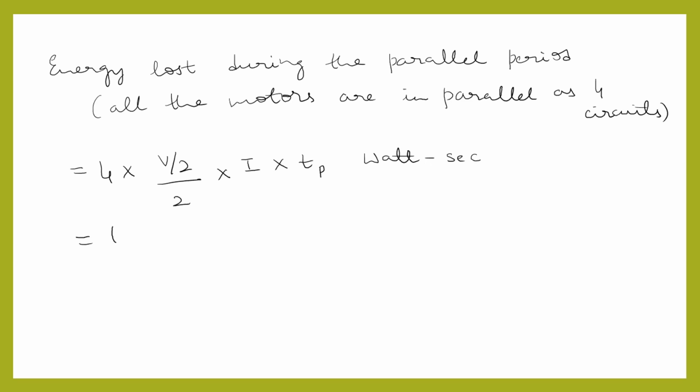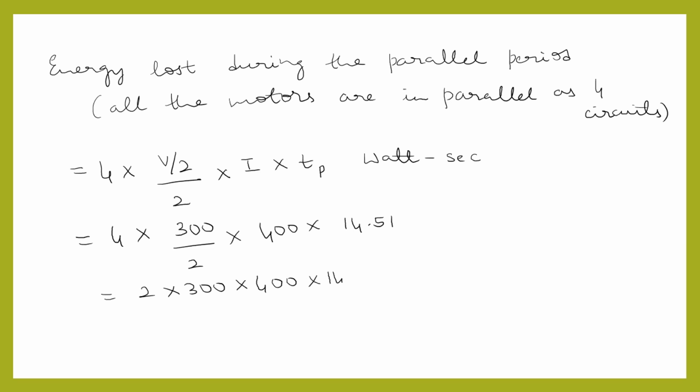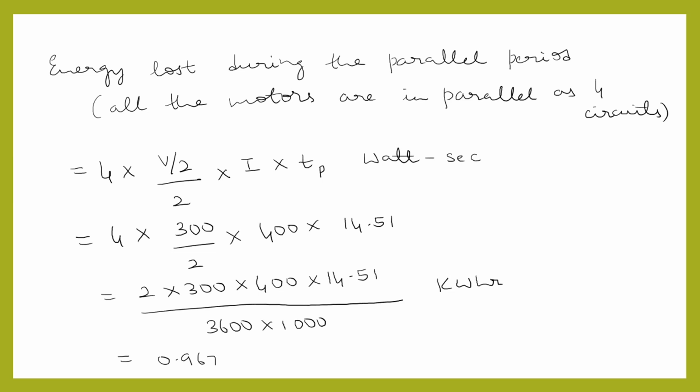So we have 4 into 300 by 2 into 400 into 14.51, that is 2 into 300 into 400 into 14.51 divided by 3600 into 1000 in kilowatt hour. We get the answer as 0.967 kilowatt hour.